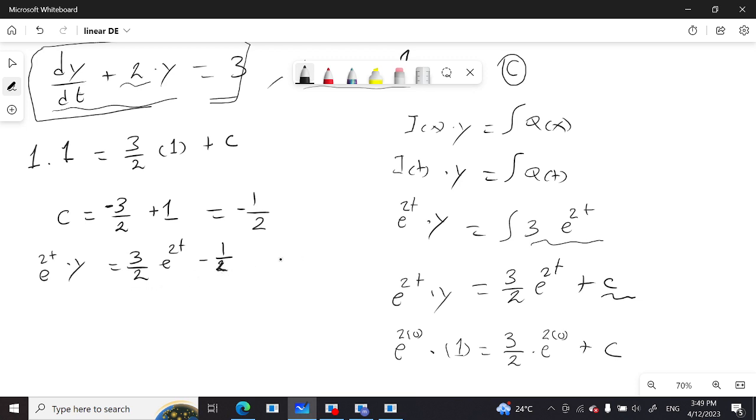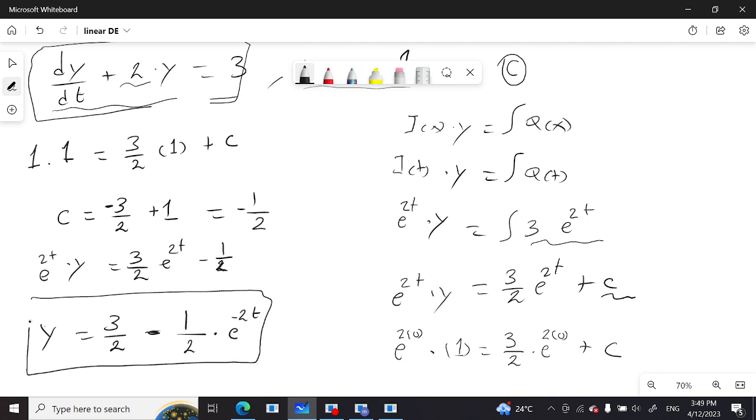Now to get the final answer with respect to y, we need to divide by exponential 2t. So we get 3 divided by 2 minus 1 divided by 2 times exponential negative 2t, and that's our final answer.